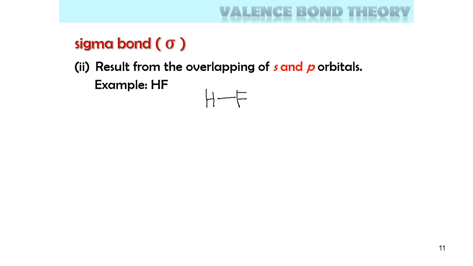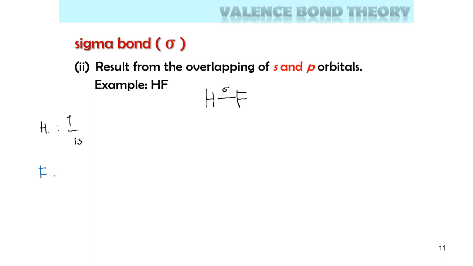The covalent bond here is sigma bond, so label here, you are forming sigma bond. Write the electronic configuration for hydrogen atom. You have hydrogen atom 1s with 1 electron. Next I will write for fluorine.